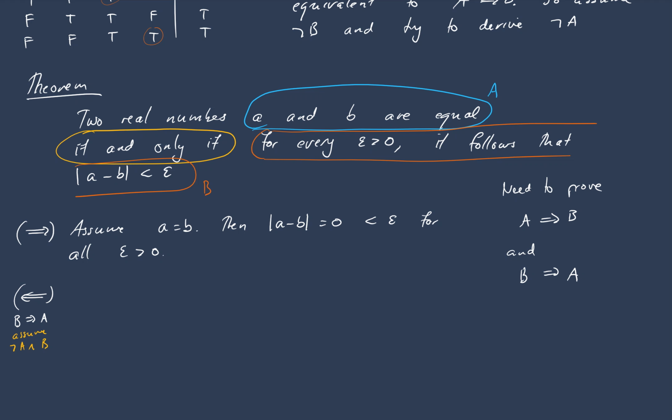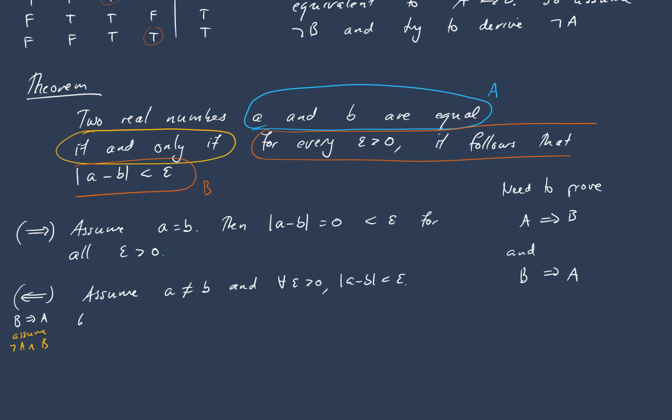So we're going to assume the negation of A, which is that A is not equal to B, and B itself: for every epsilon, the absolute value of A minus B is less than epsilon. This is the shorthand for every there.